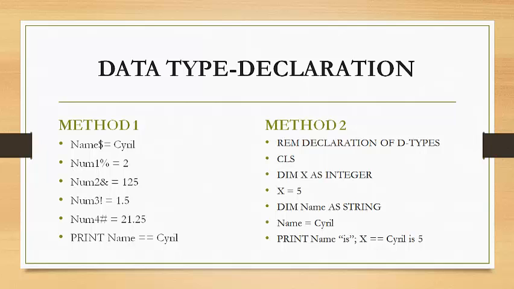Now DIM x AS INTEGER, x equals 5, and DIM name AS STRING, name equals serial. Print name is x. Now on the screen we're going to see name is 5.